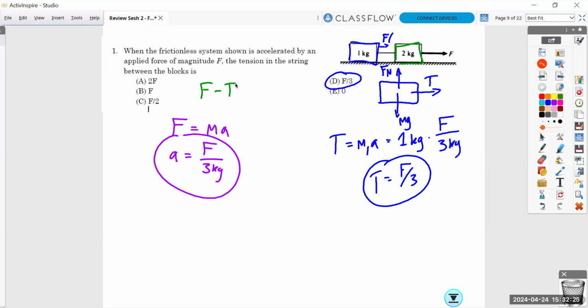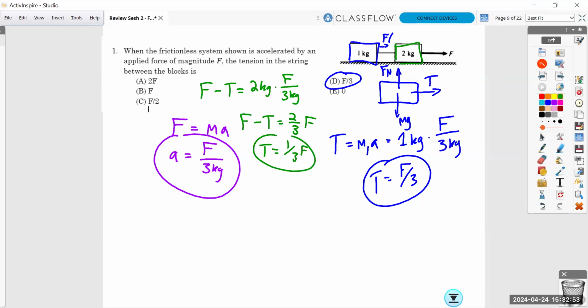It has F minus T equals, well, it's got a mass of 2 kilograms, and it has to accelerate at a rate of F over 3 kilograms. So I need F minus T equals 2/3 F, which means the tension needs to be 1/3 F.